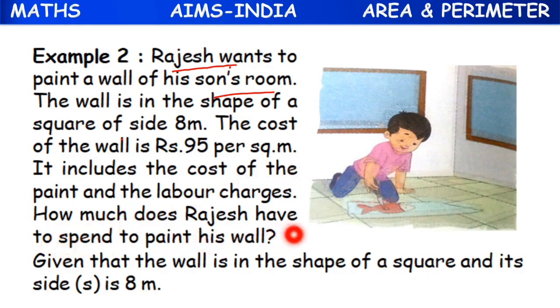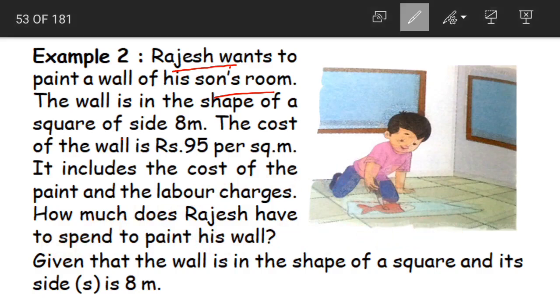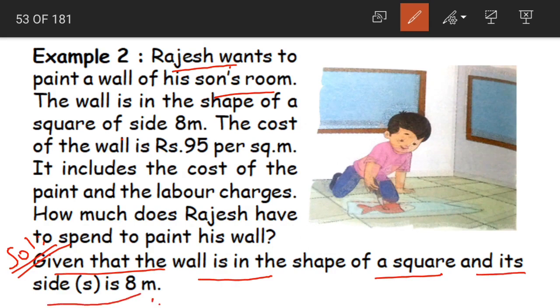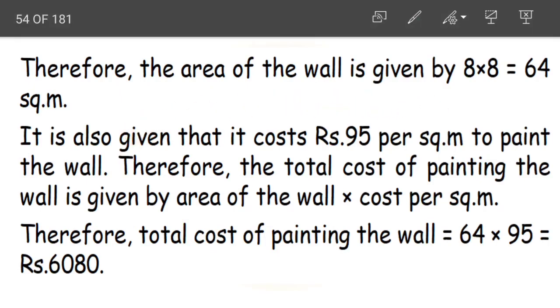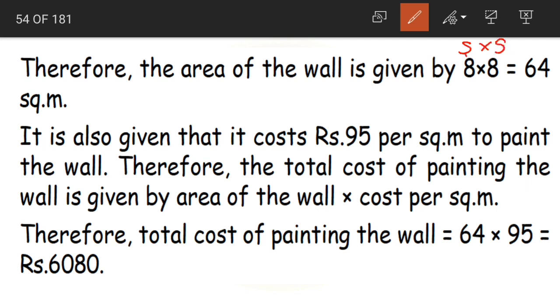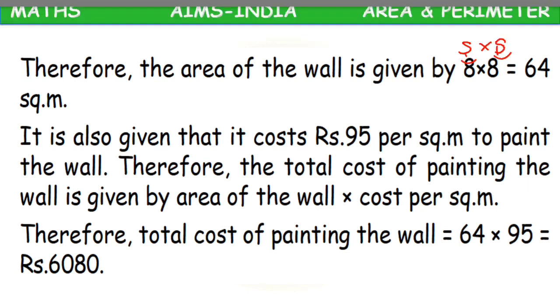Given that the wall is in the shape of the square, here our solution starts, children. Given that the wall is in the shape of a square and its side is equal to 8 meters. Now therefore the area of the wall is given by what? Area of a square is S into S, that is nothing but 8 into 8.